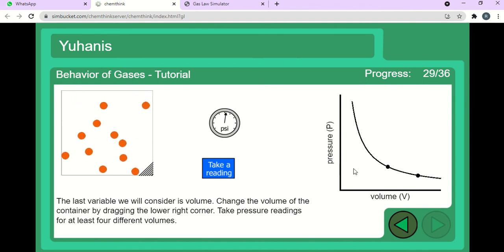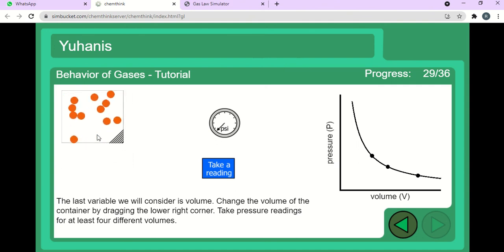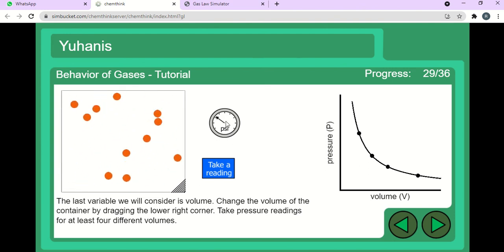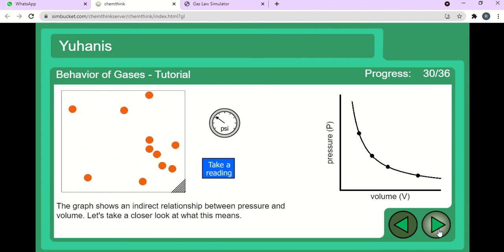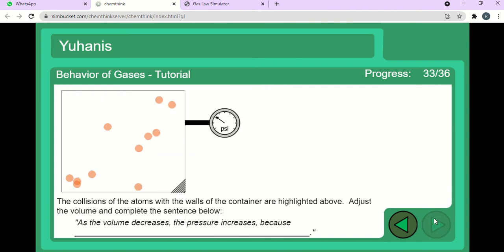When the volume decreases, the pressure is higher. Let's look here. I will decrease the volume even more, so pressure increases. Reduce again, the pressure is even higher. Pressure is high for a small size. When it is bigger, pressure decreases. Small volume, high pressure. Large volume, low pressure. It has a relation to the collisions.